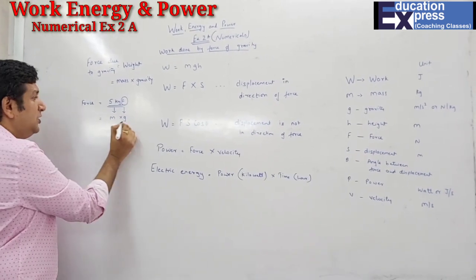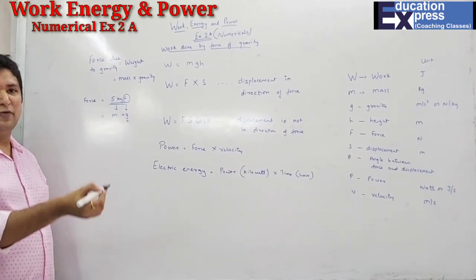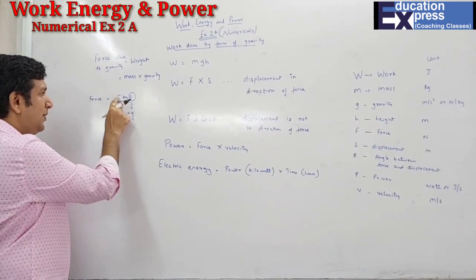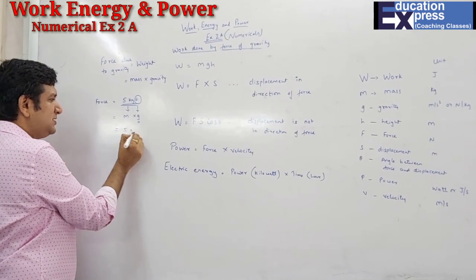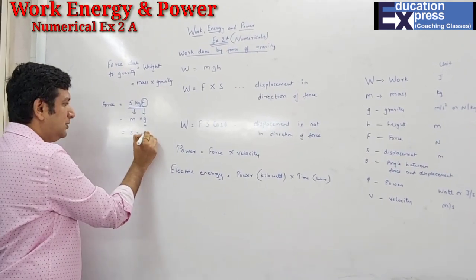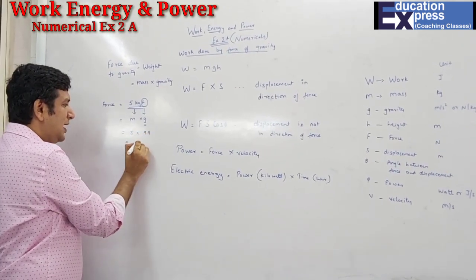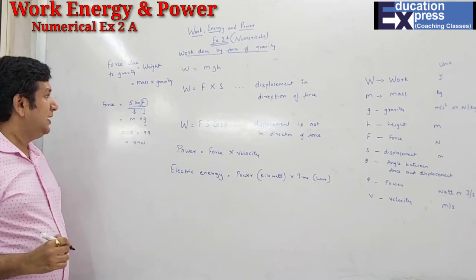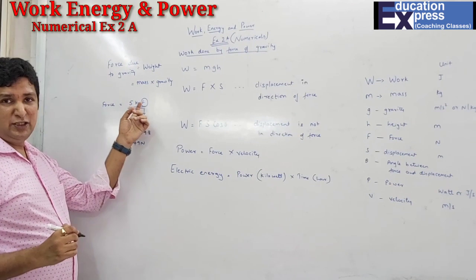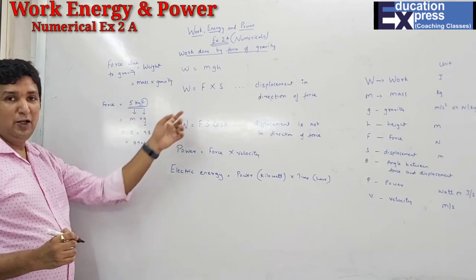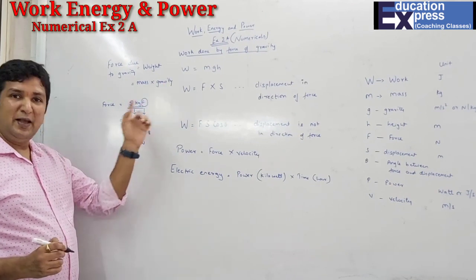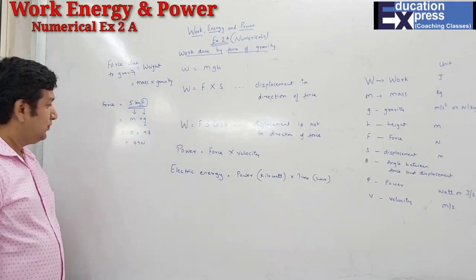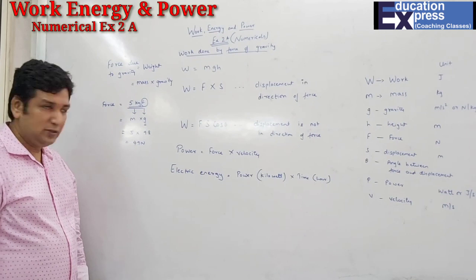That means here you compulsorily have to use the value of g, whatever is available in the question. When you multiply the mass 5 with, let us say, gravity 9.8, the answer you will get will be in Newton. That means 5 kgf will not be acceptable while solving the numerical. It has to be in Newton only. So the answer will be 49 Newton.